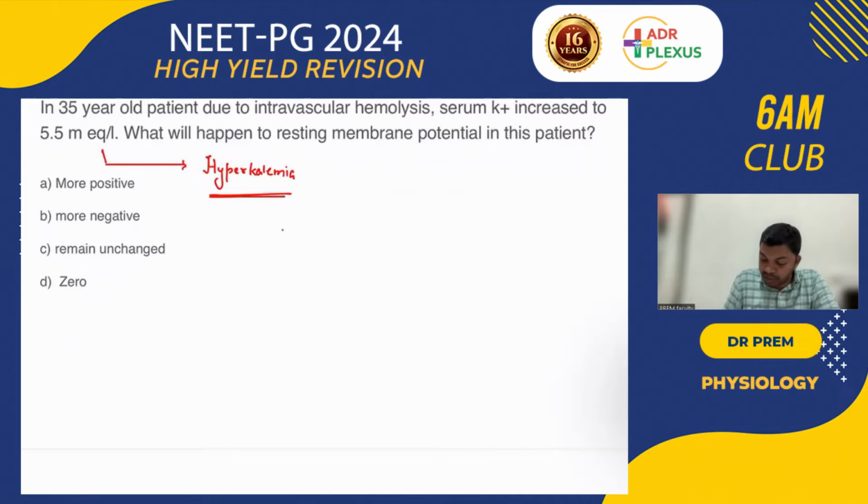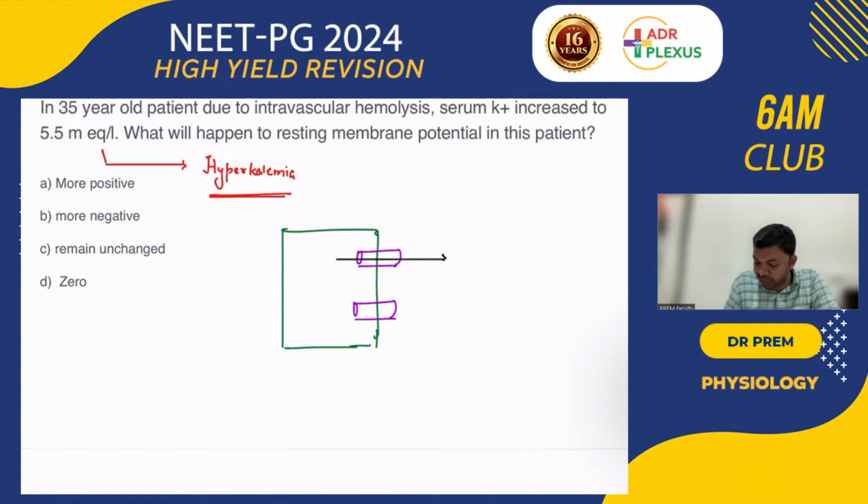It's obvious. If you consider a cell and potassium, you can obviously recognize that potassium is moving out of the cell by leaky potassium channels, isn't it? So potassium usually goes out of the cell because of concentration gradient. 150 milliequivalents per liter of potassium inside the cell, 3.5 to 5.3 milliequivalents of potassium outside the cell, isn't it?